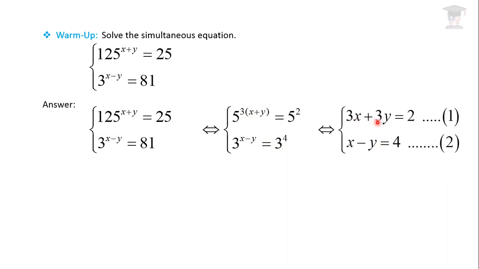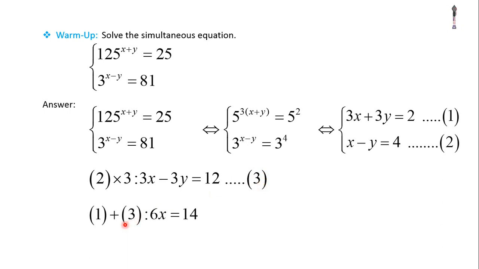So we get 3x plus 3y equal 2 as the first equation, and x minus y equal 4 as the second equation. We start solving: we take the second equation times 3, so we get a new equation, which I name the third equation. I take the first equation plus the third, and I get 6x equal 14. Solving for x, I get x as 7 over 3.